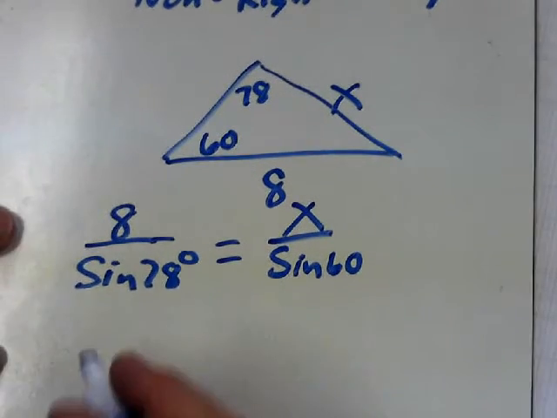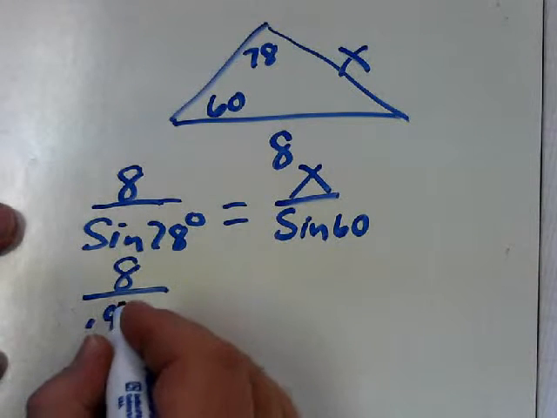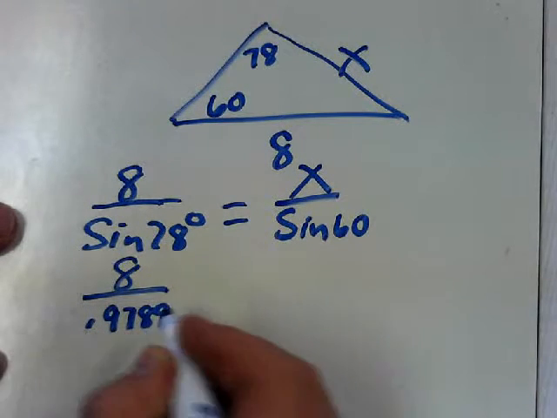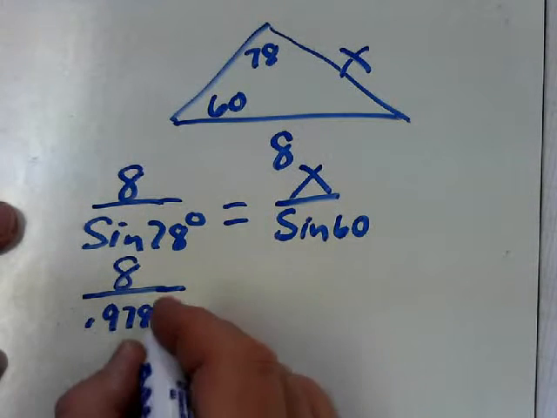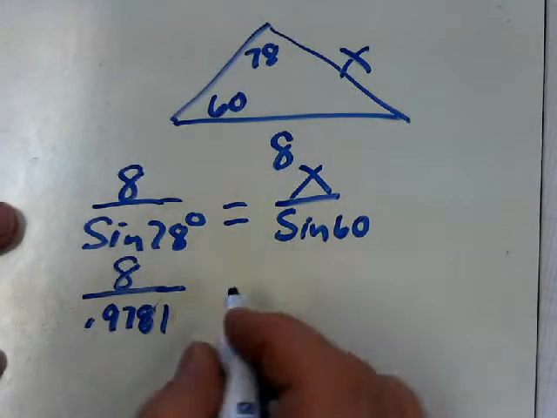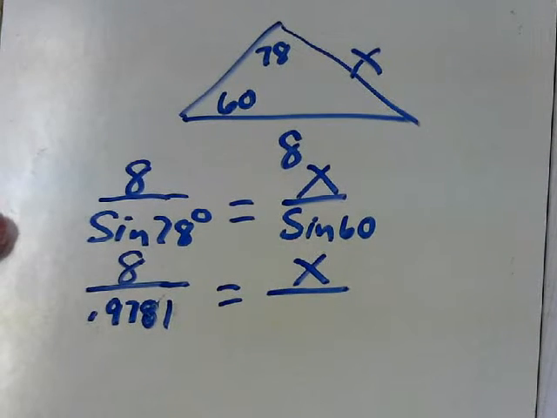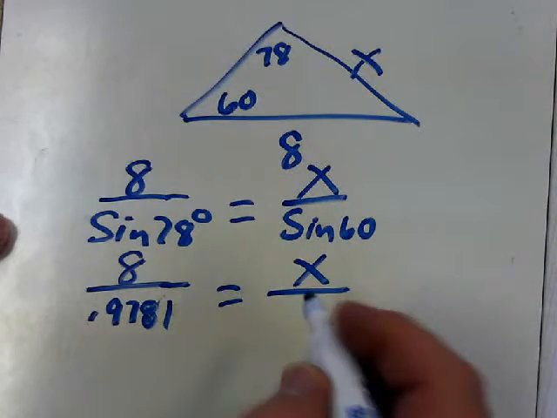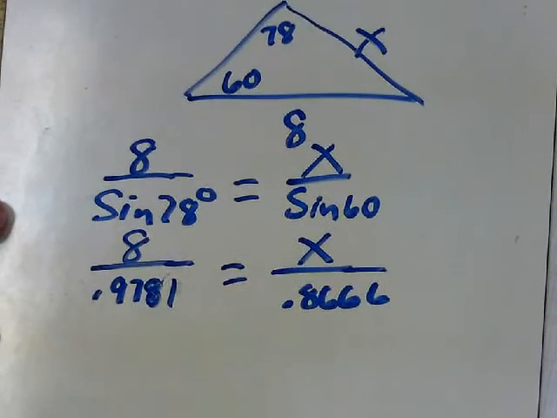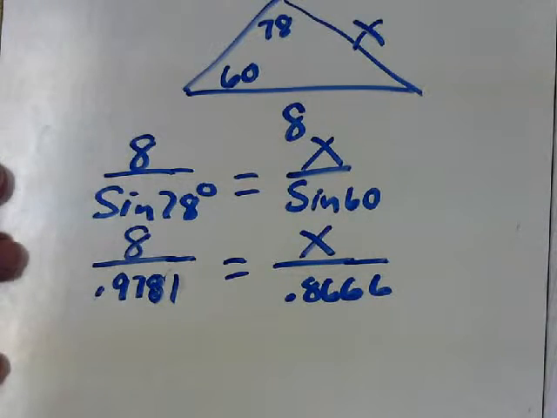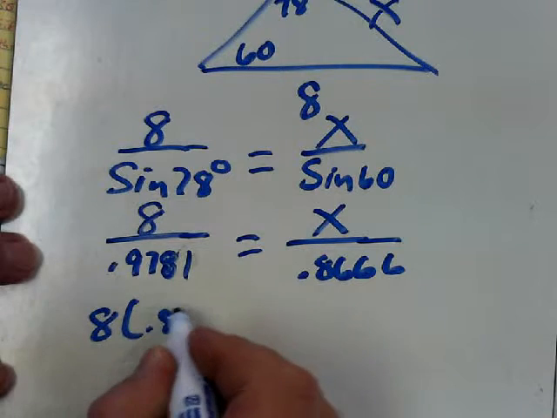Okay? Anybody have the sine of 78? 0.9781. Is that what you said? Sine of 60 is either 0.866 or 1/2. 0.866. So what do I multiply together? 8 and 0.866, which is 6.928.